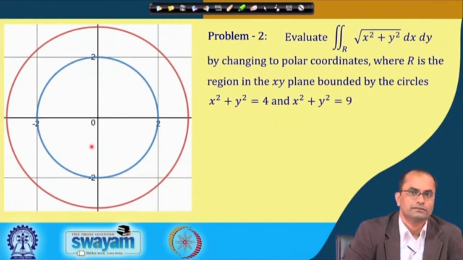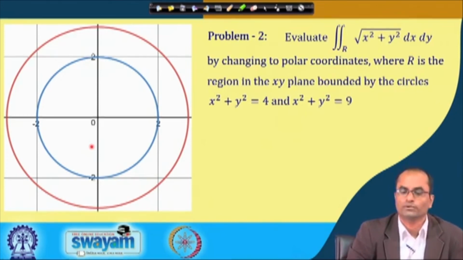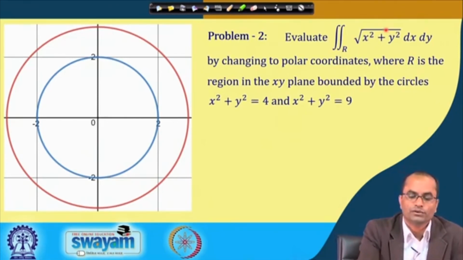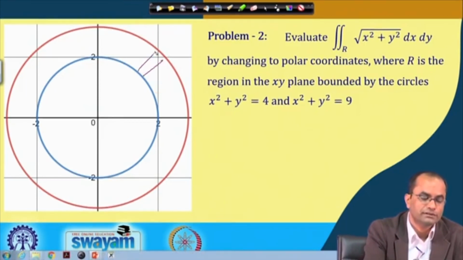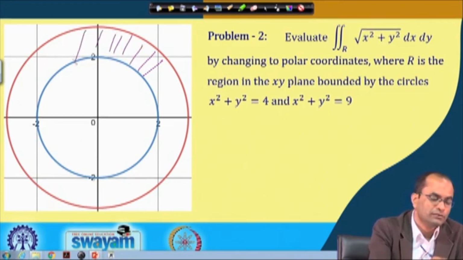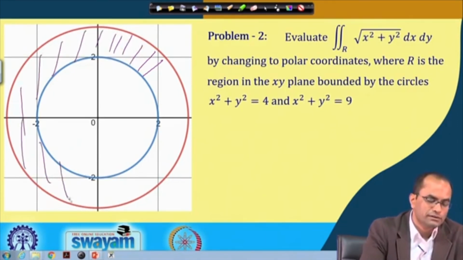So, again certainly in this case changing to polar coordinates will help us, because of the integrand as well as because of the region here which is bounded by these two circles.